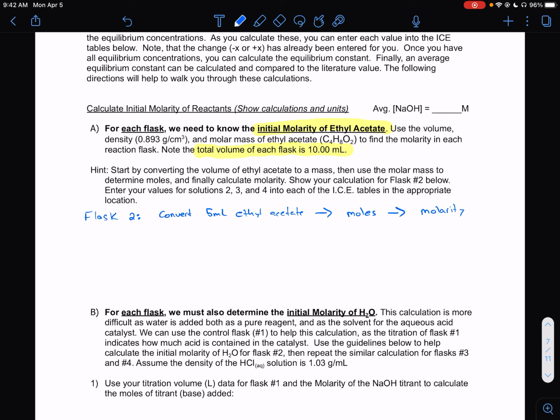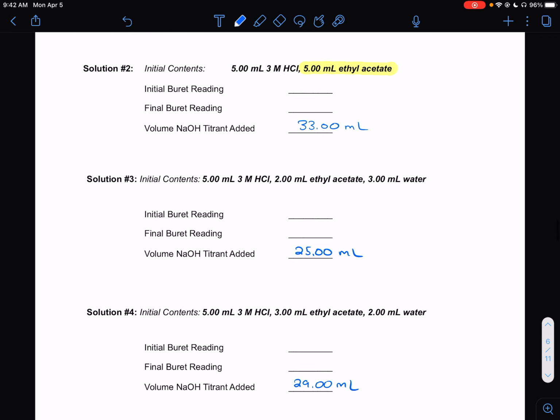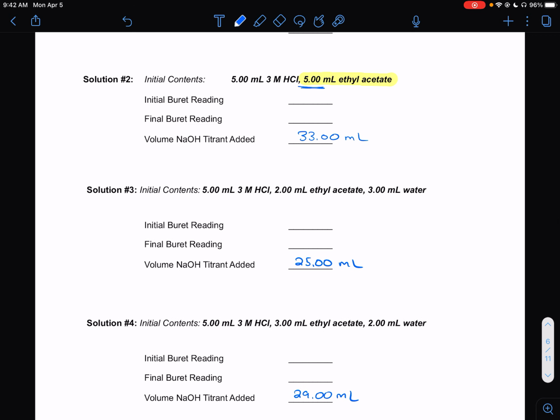To go from milliliters to moles, the first thing we're going to do is use our density of ethyl acetate, which is given here, 0.893 grams per cubic centimeter, or per milliliter. From up above, we have 5 milliliters.